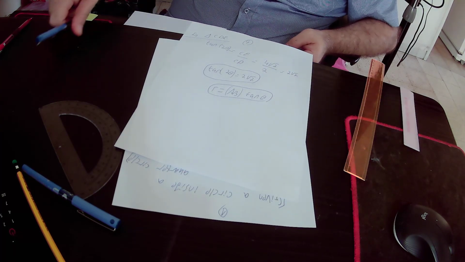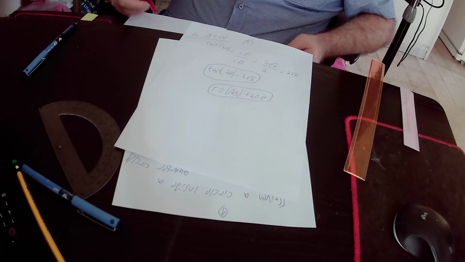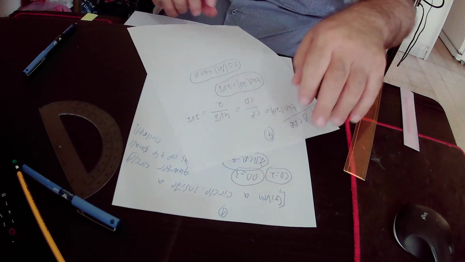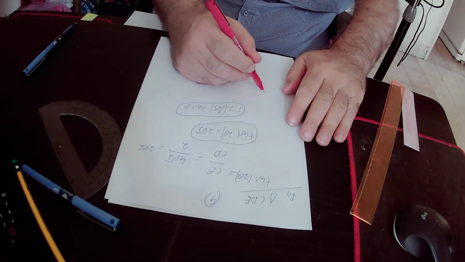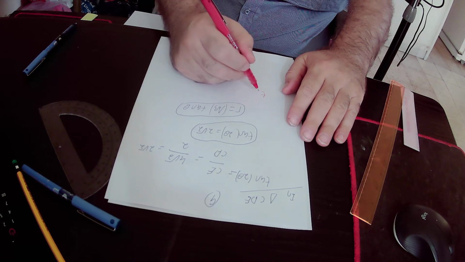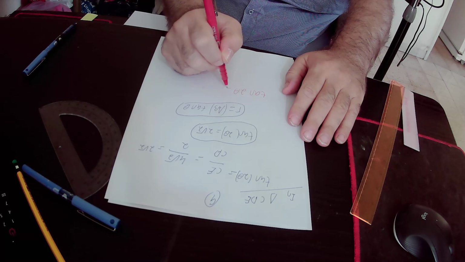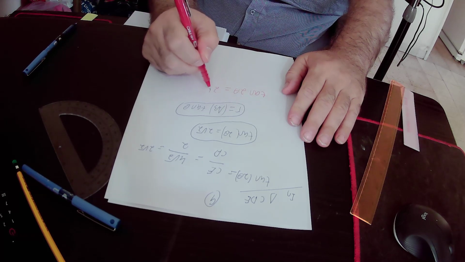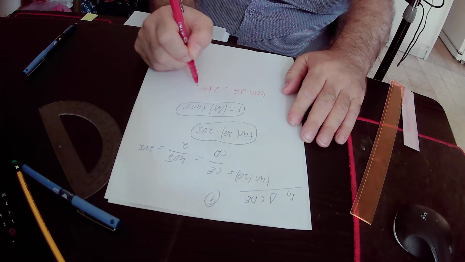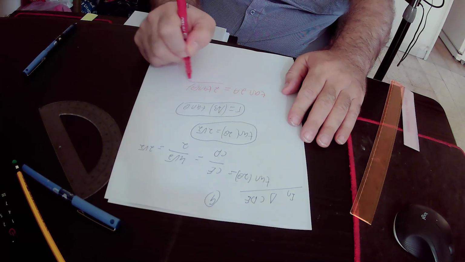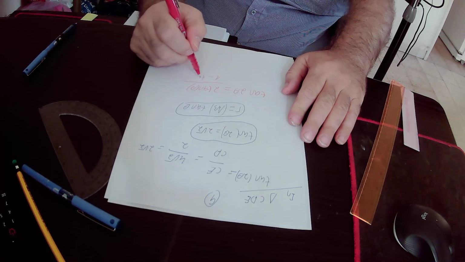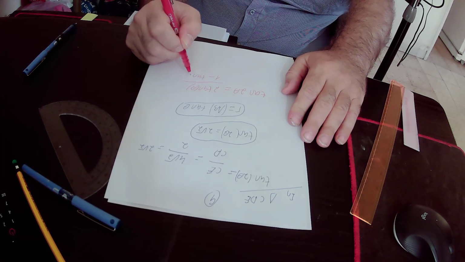So in order to find out the value of tangent theta, I will present to you a new trigonometric identity. Tangent 2 theta, according to this trigonometric identity, equals 2 tangent theta over 1 minus tangent square theta.